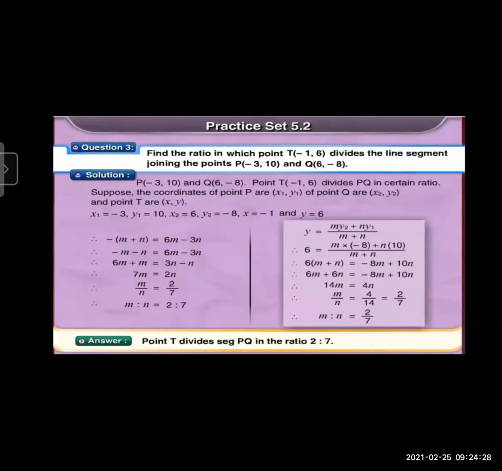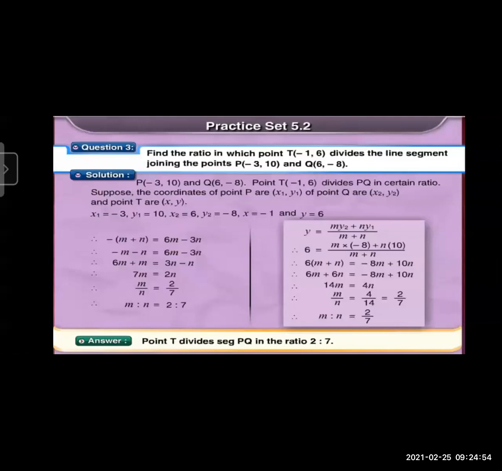Okay, so first we write P coordinate (-3, 10) and Q coordinate (6, -8), and point T (-1, 6) divides PQ in a certain ratio. Now suppose the coordinates of the points P are (x1, y1) and Q are (x2, y2).